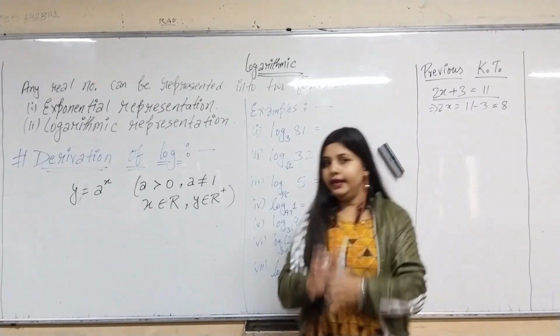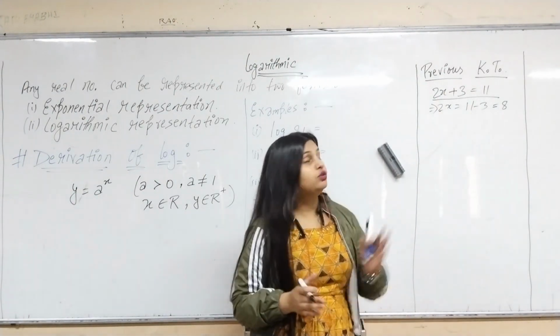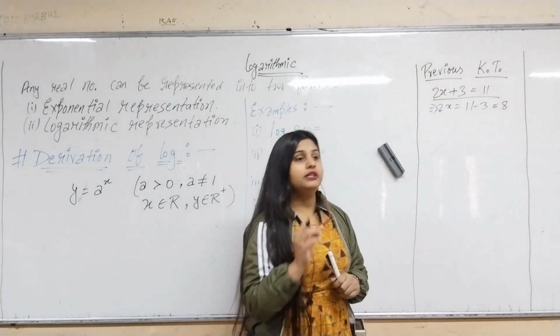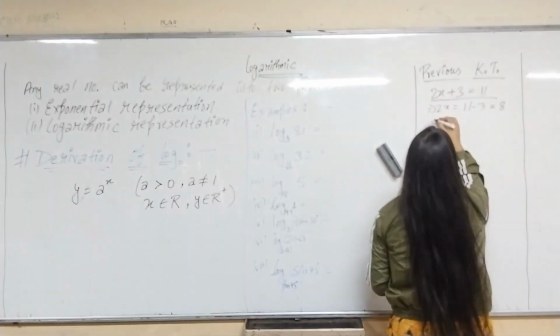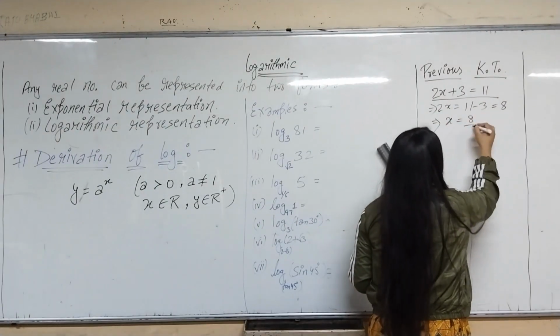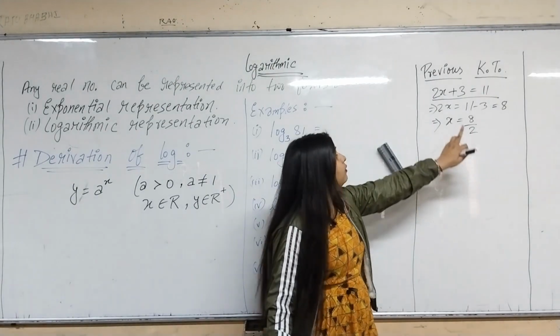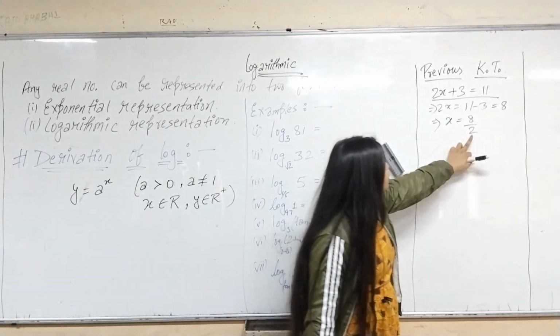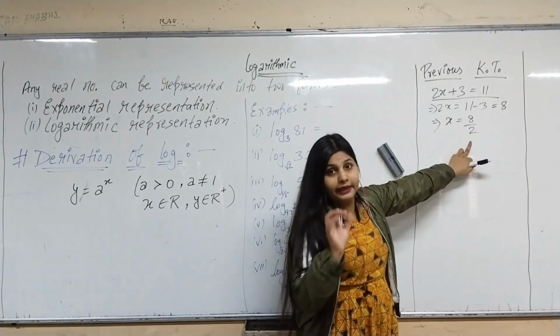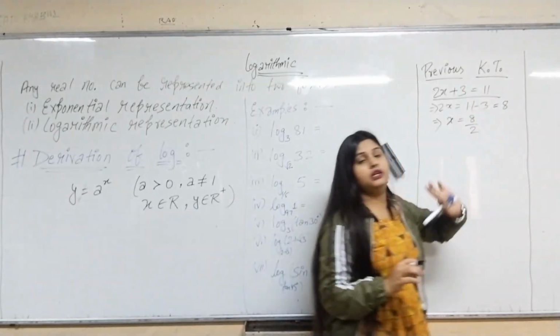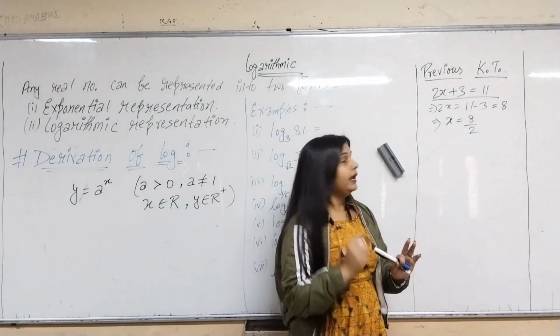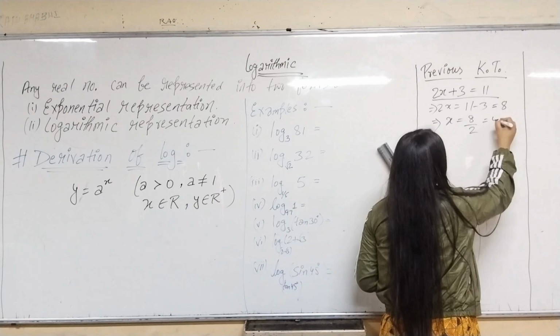We want only x on our left hand side, so we will shift our 2 also. 2 is in multiplication, and when we shift it, it will be 8 by 2. That means 2 is in division when it is shifted to the right hand side, and it will be 4.